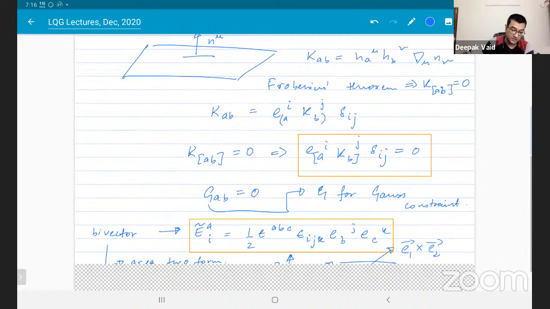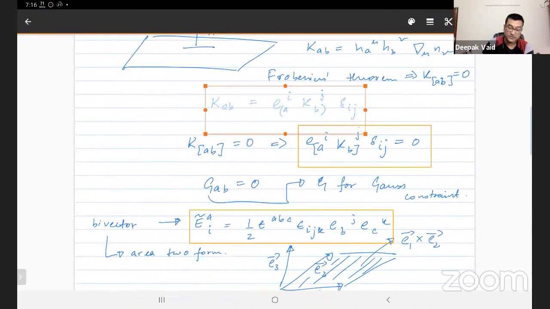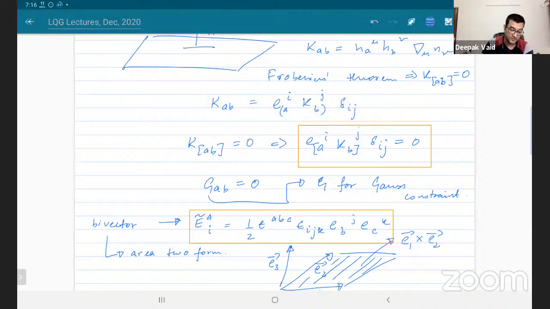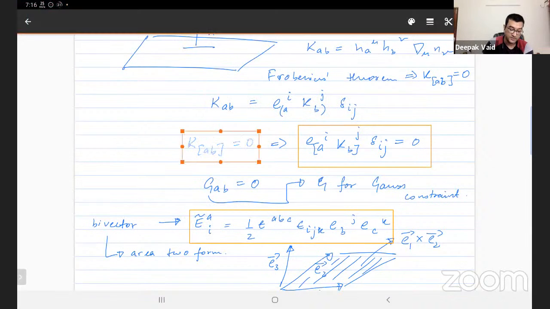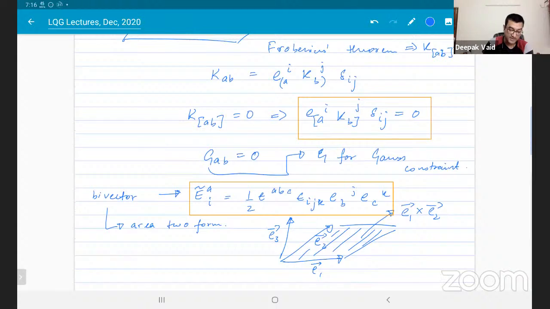Then, if we invert this to write down this curvature tensor, then this curvature tensor being symmetric, its antisymmetric part must vanish. This requirement becomes a constraint, and this is a new constraint.